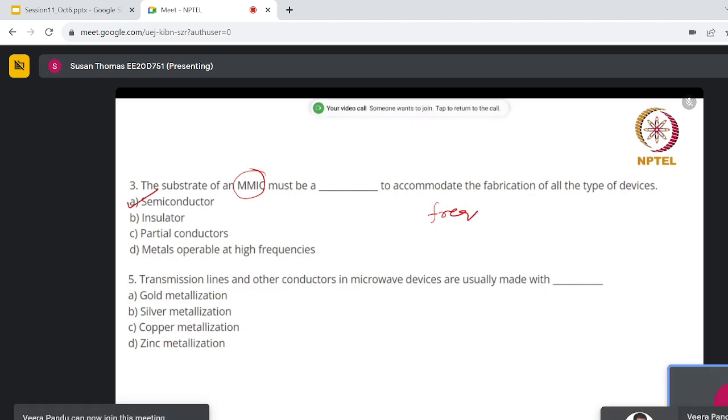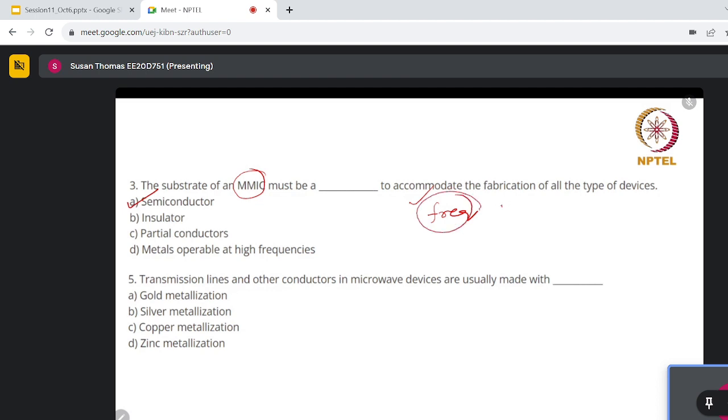Based on the material properties, especially the relative permittivity, we will choose the material. We need to look at what frequencies we need to operate, and based on that we choose the semiconductor material.